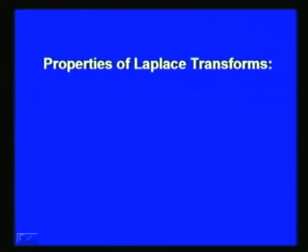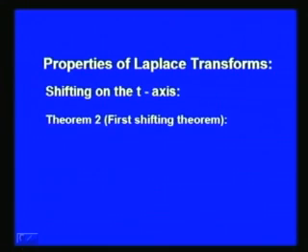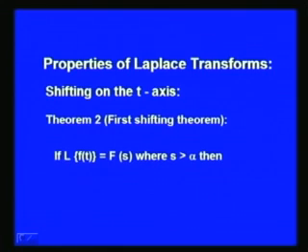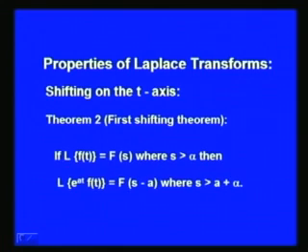Now, we are going to discuss an important property of the Laplace transform. We call it first shifting theorem. If L of f t is equal to F s, where s is greater than alpha, then L of e to the power a t f t is equal to F of s minus a, where s is greater than a plus alpha.